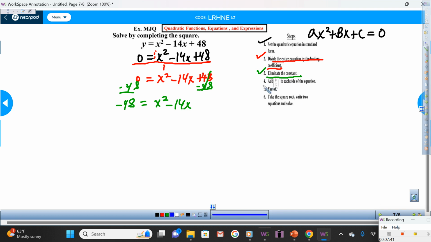For step 4, it says add b over 2 squared, which means, in other words, complete the square. Tell your neighbor what to write here to complete the square.